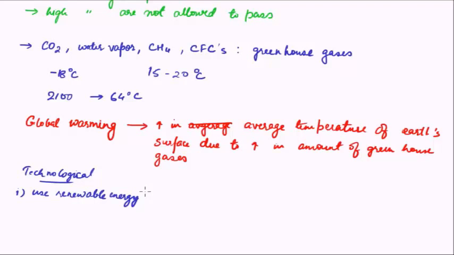Then there should be change in the transportation system. Again, a lot of work is already being done in these lines. As of date, the most important fuel to power the transportation systems are petroleum and diesel products. Those are fossil fuels.